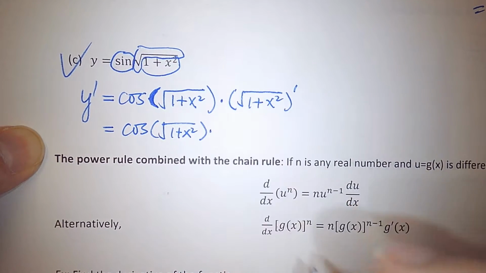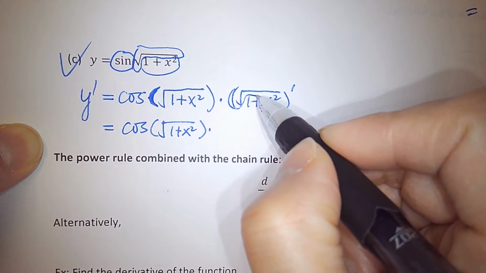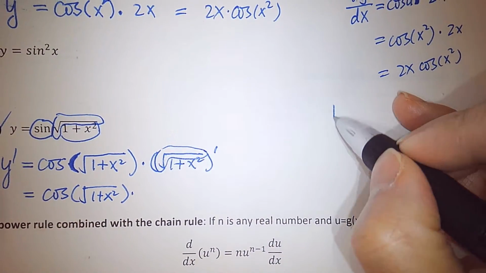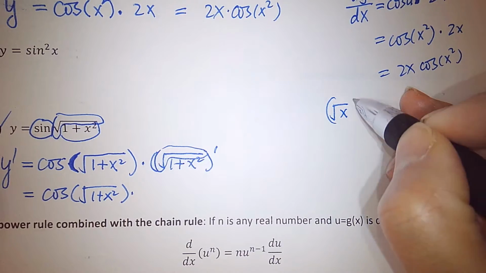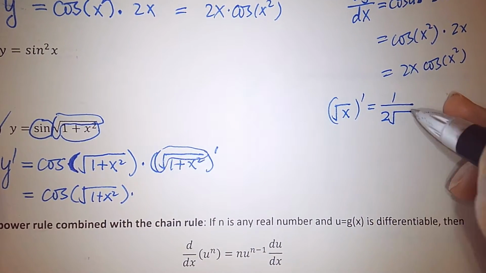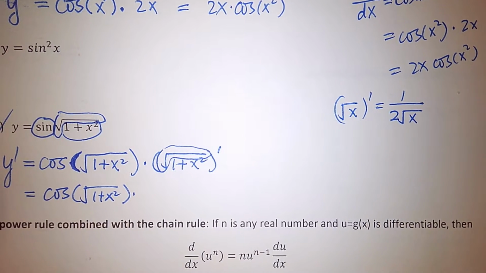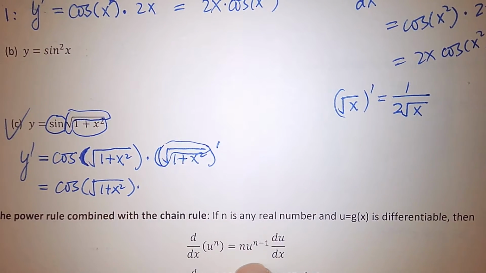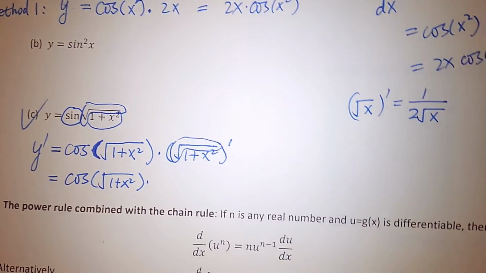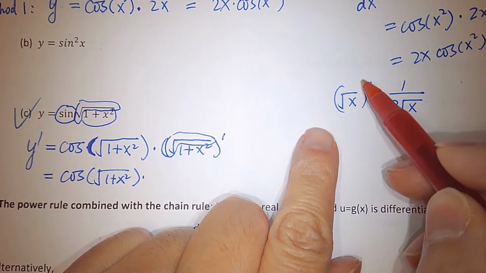The inner function. So how do we differentiate a square root function? Do you still remember? I want you guys to remember that. The derivative of square root of x equals, remember this, 1 over what? 2 times square root of x. Remember this, right? Because you don't want to derive it every time. What is the square root of x? This equals x to the 1/2.